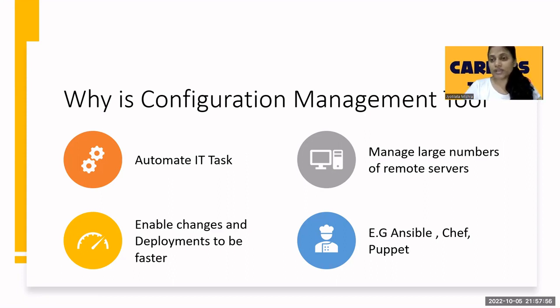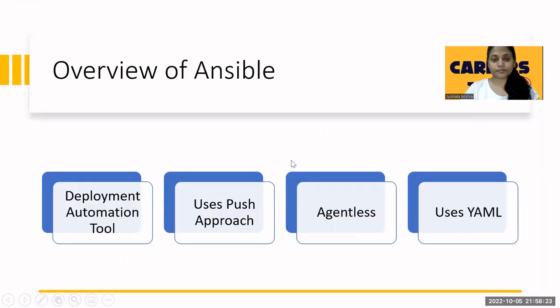Okay, so some of the configuration management tools which you've heard of in the market are Chef, Puppet, and Ansible. Okay, but eventually Ansible is gaining popularity. It's open source. The enterprise version of Ansible is also present, which is kind of a UI, and its name is Ansible Tower. So I have not worked on Ansible Tower.